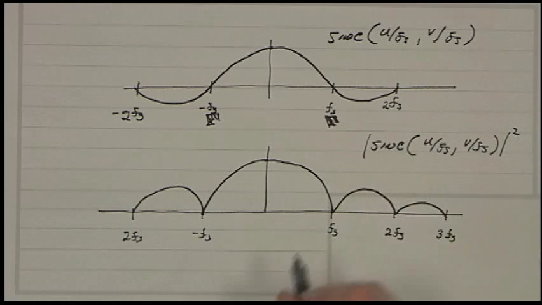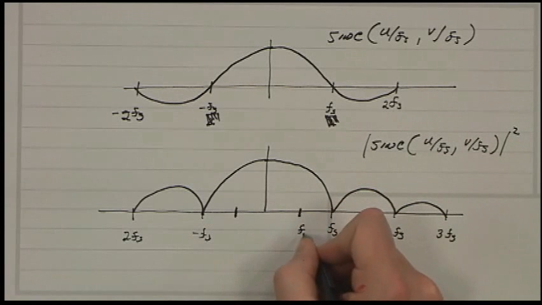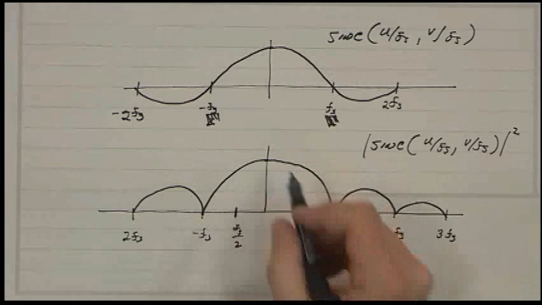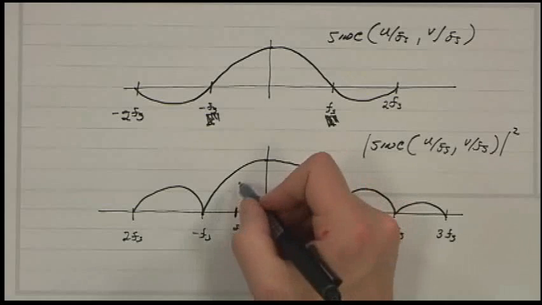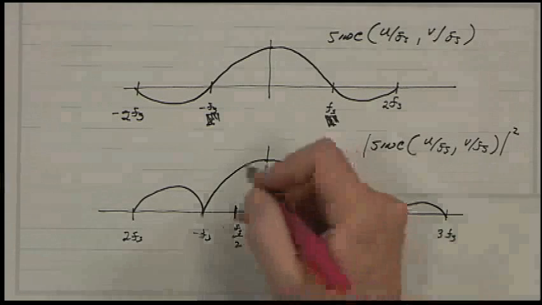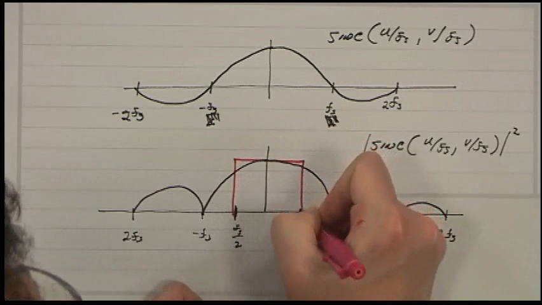Okay. Now, the only frequencies you're supposed to care about are up to fs over 2. So these are the frequencies you care about. Ideally, what you'd want is a filter like this.